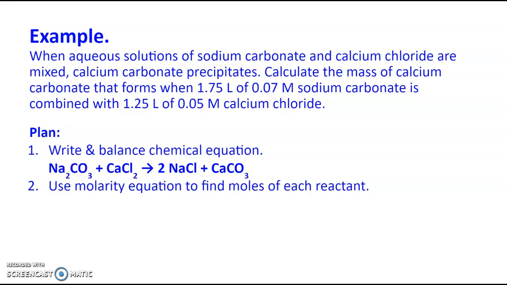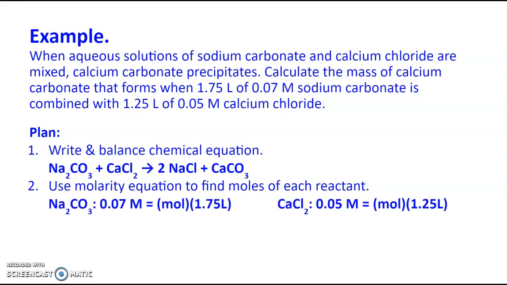So we're going to use the molarity equation to find moles of each reactant. So 0.07 molarity equals moles divided by 1.75 liters. For calcium chloride, 0.05 molarity equals moles divided by 1.25 liters. So there's my moles. In this case, the moles are the same, but this is a limiting reactant step, right? We're looking to make sure there's not a limiting reactant.